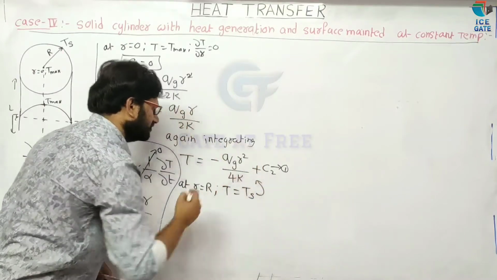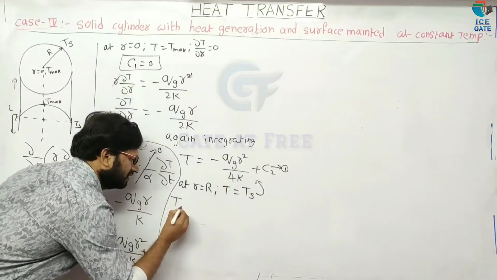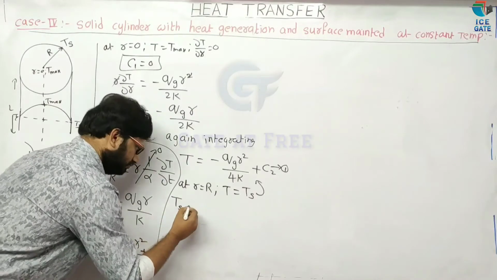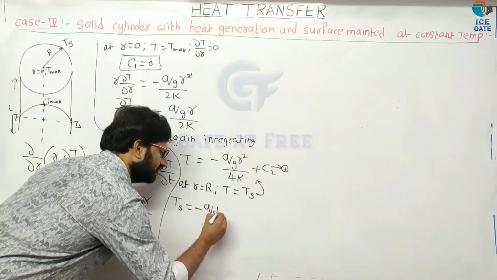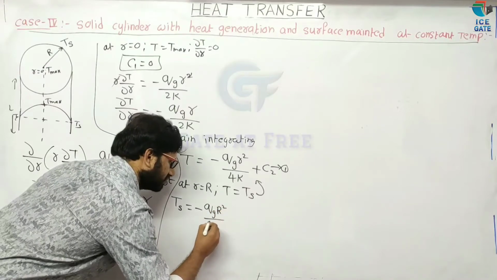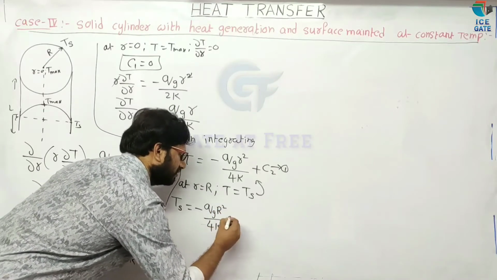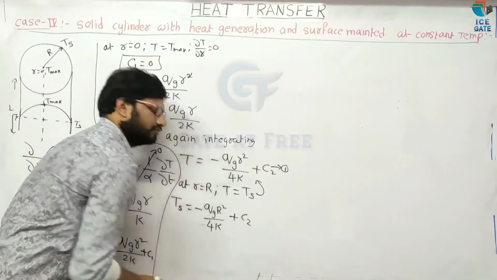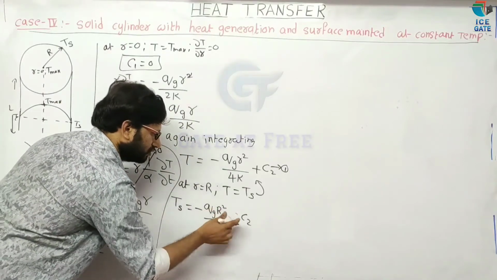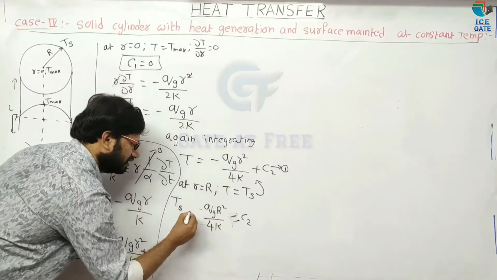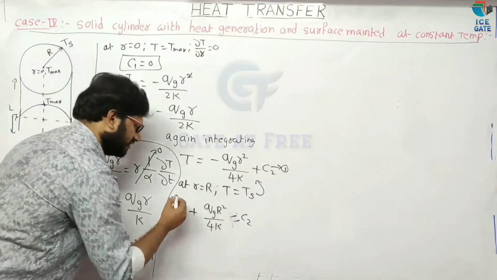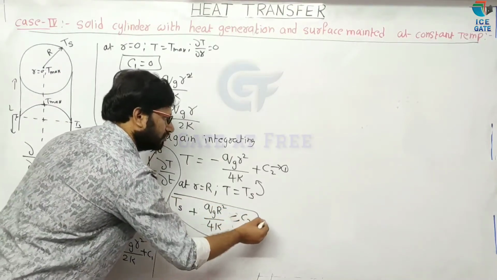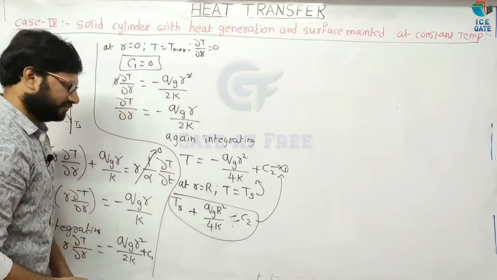Now substitute in the above equation, we get Ts is equal to minus qg in place of small r, capital R square by 4k plus C2. Okay. Now C2 is equal to Ts plus qg capital R square divided by 4k. Now substitute C2 in equation 1.